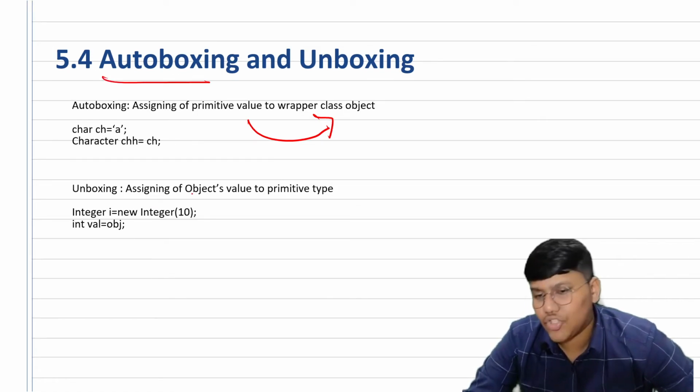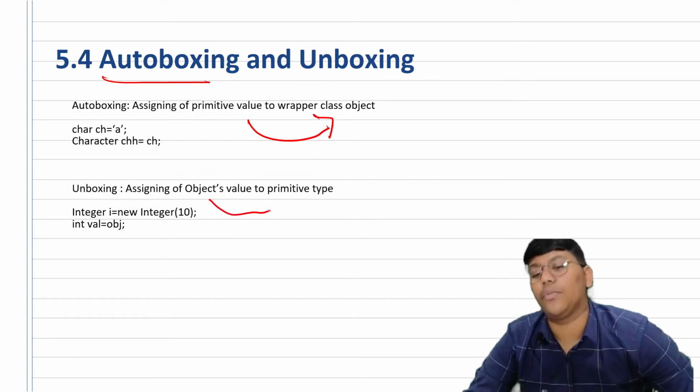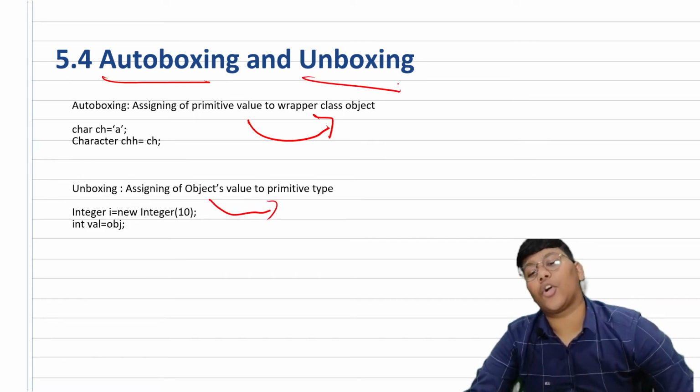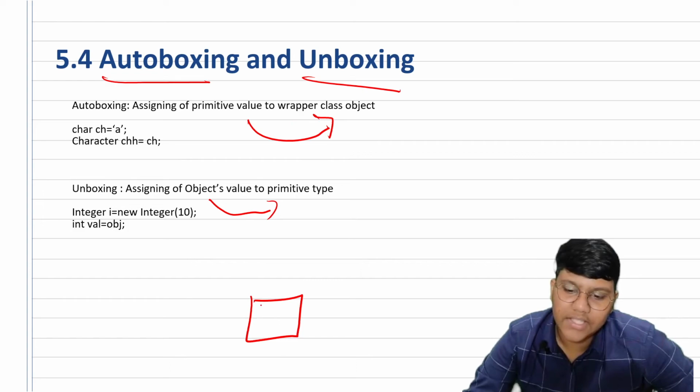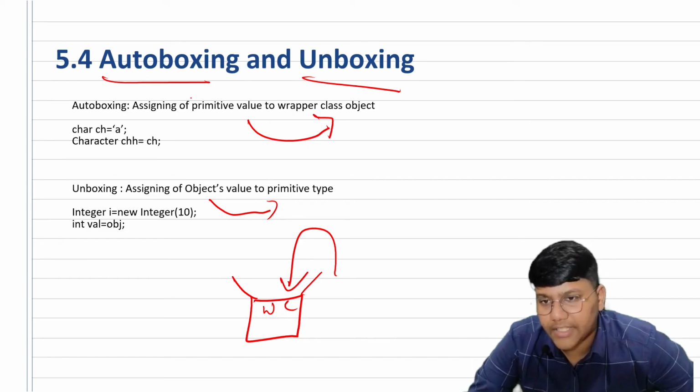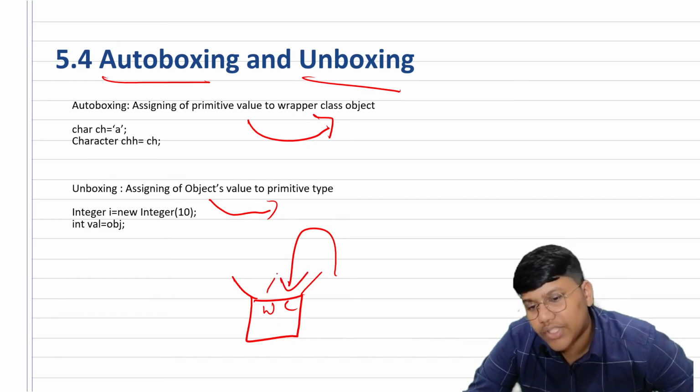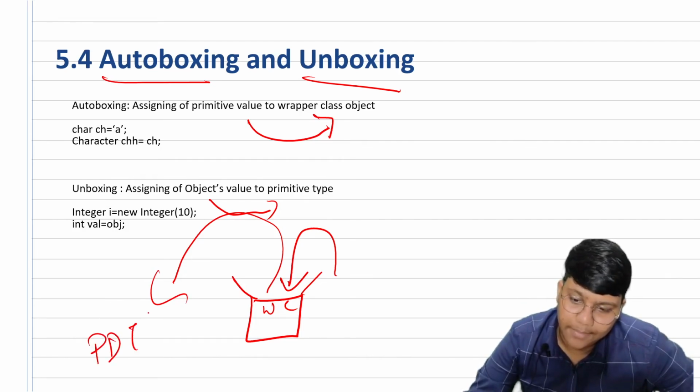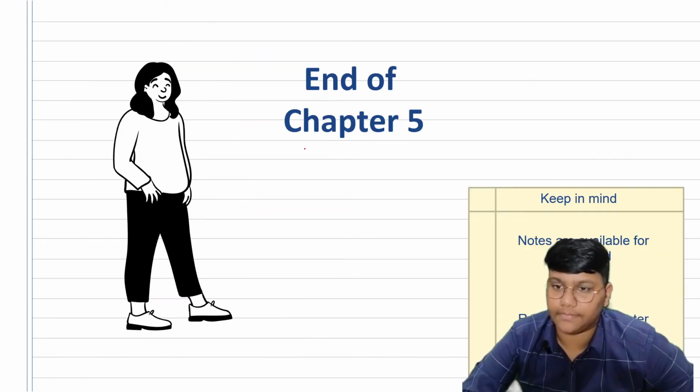When we change object's value to primitive type, it becomes unboxing. For example, this is a box, this is wrapper class. If we put primitive data type, it is boxing. If we take out the object and put it outside, that is primitive data type, it becomes unboxing.